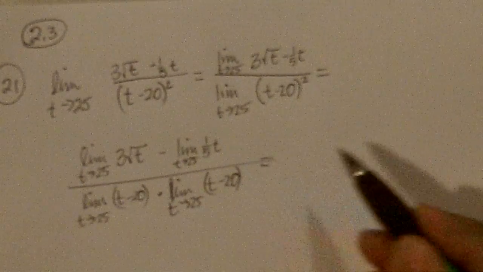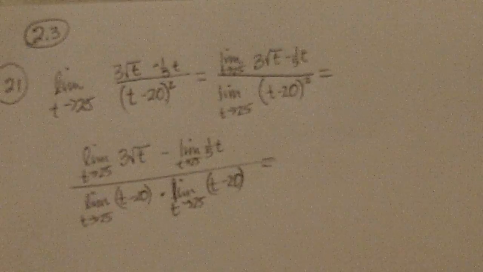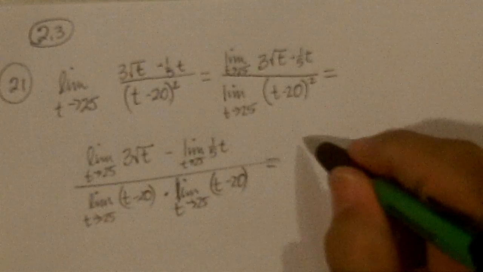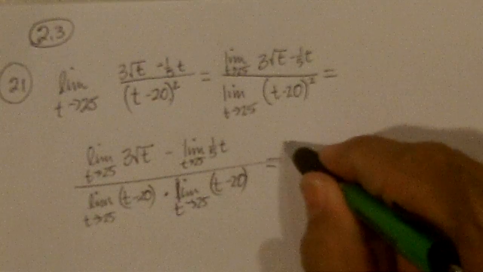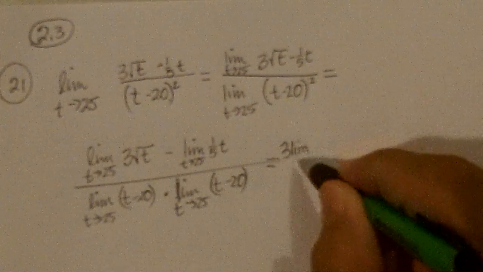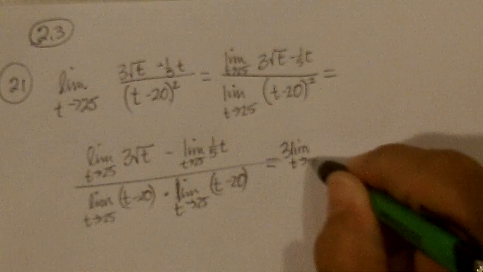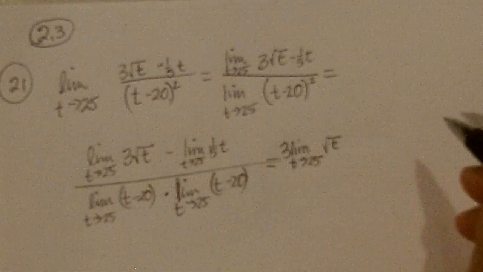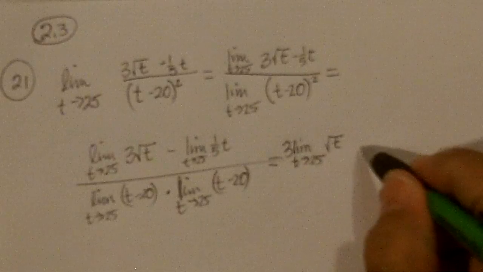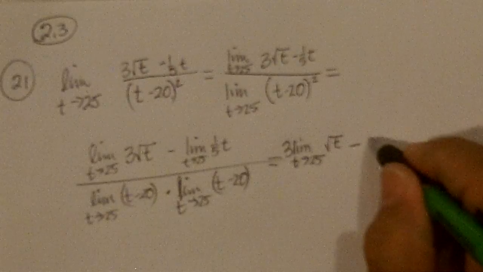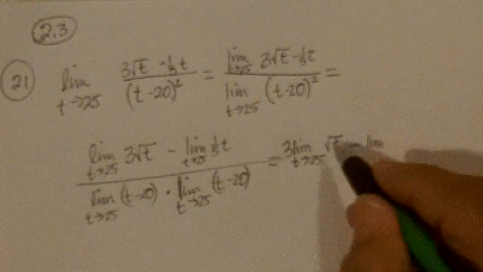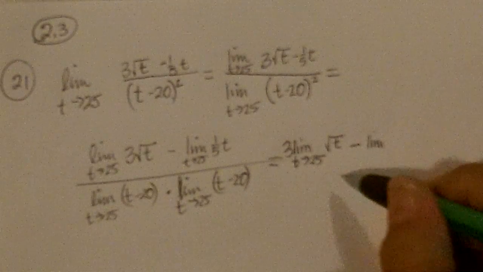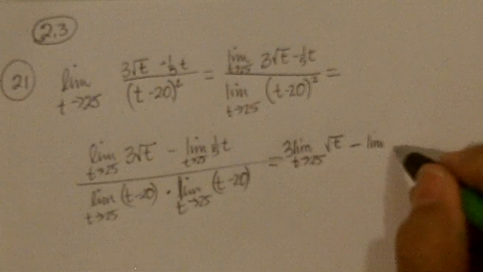And even going further, just practicing using our limit rules, a constant can come out, so this becomes the 3 times the limit as t approaches 25 of the square root of t minus the limit, and actually the half power could come out, and I can take the square root of this part afterwards, but I'm not going to do that much here.